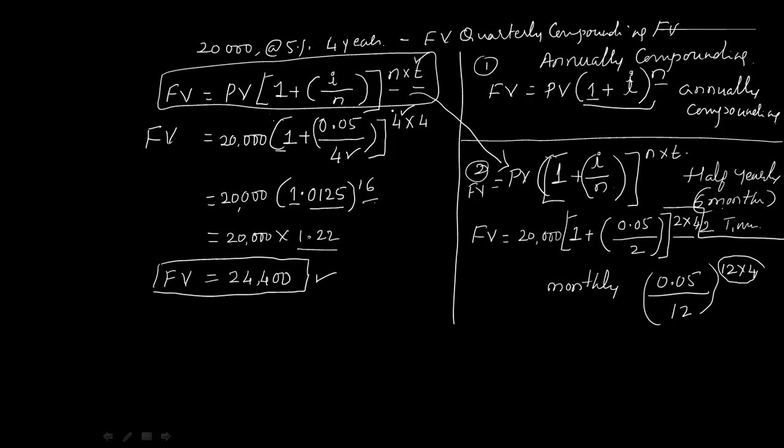Okay, that is the difference. Here I will conclude the discussion of this problem, and I hope you got to know how to do this compounding interest calculation, if it is monthly, quarterly, or semi-annually, that is, every 6 months.